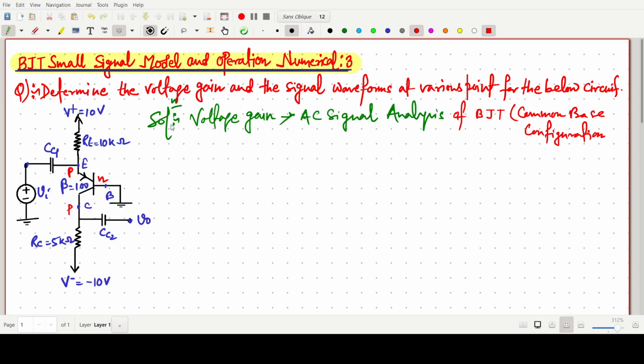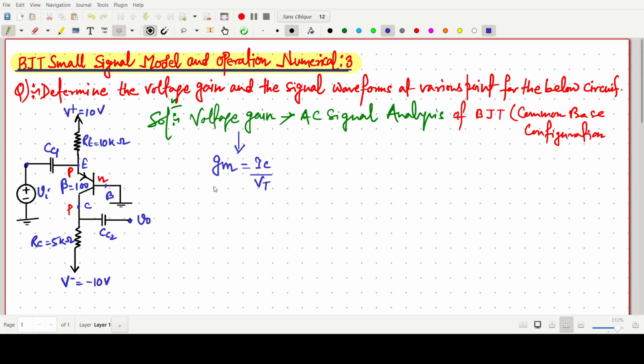The very first thing for this kind of circuit is to go for the DC analysis, because from the DC analysis we find the IE and IC values. Before the voltage gain calculation, the important parameter we have to find is gm, that is IC by VT.